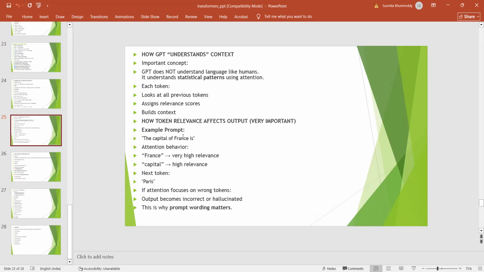France is the main important part, and then we need to know the capital. So that we can get the next token: the capital of France is Paris. If the attention focuses on the wrong tokens, it will give us incorrect output.